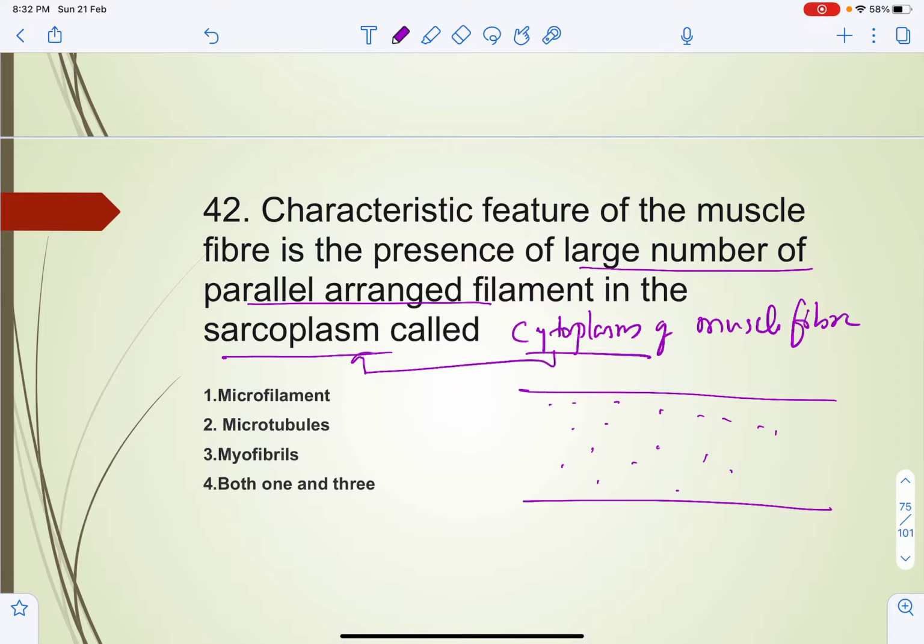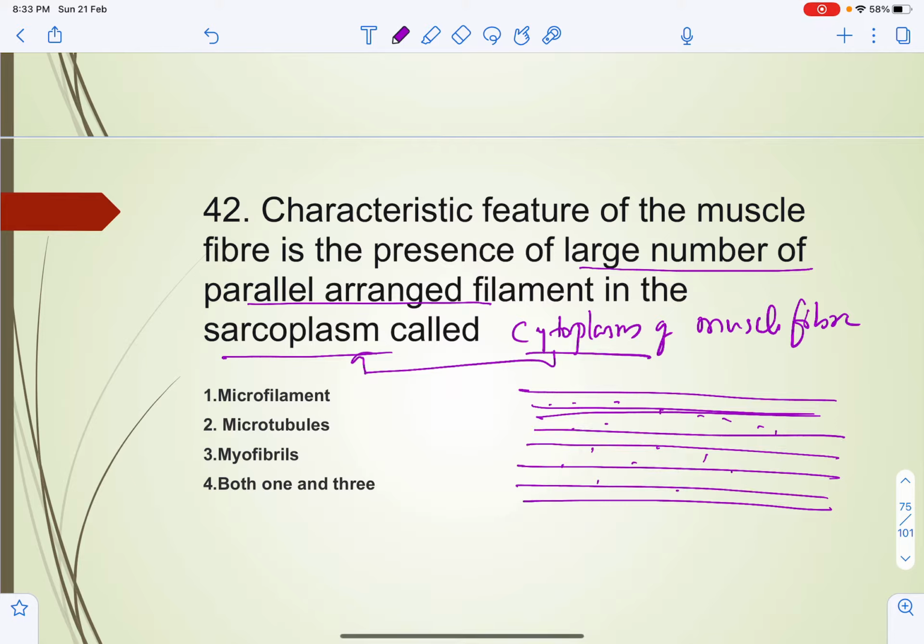In this, the filaments are arranged parallel to each other, all along the length of the muscle fiber.